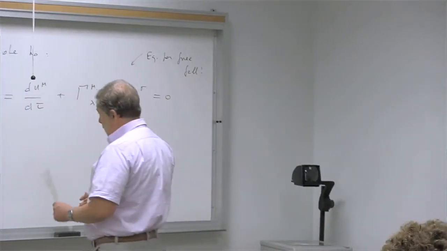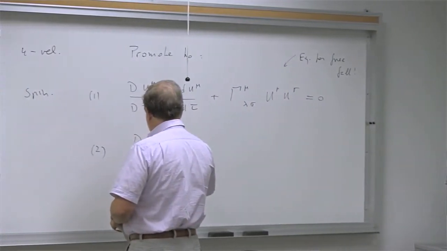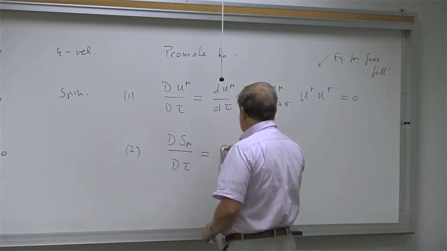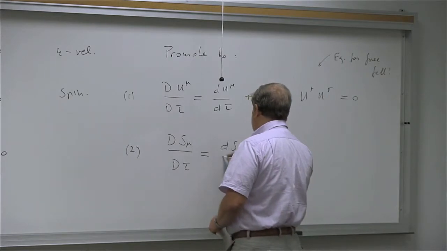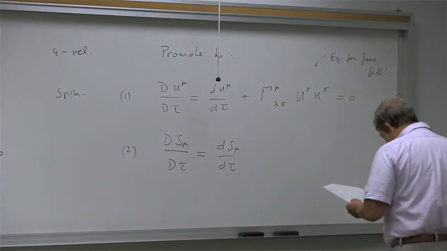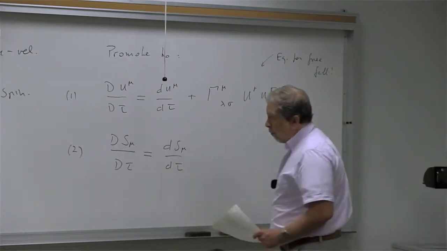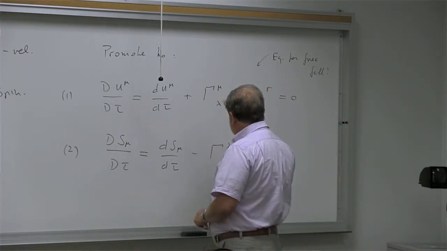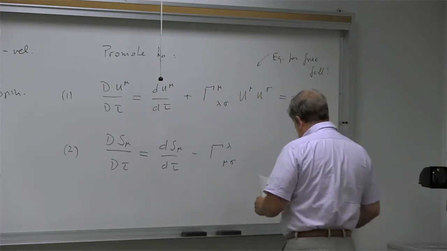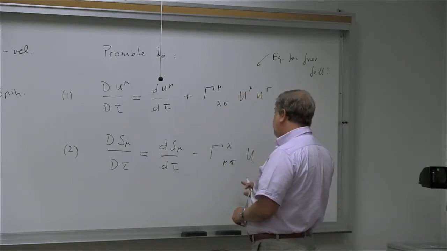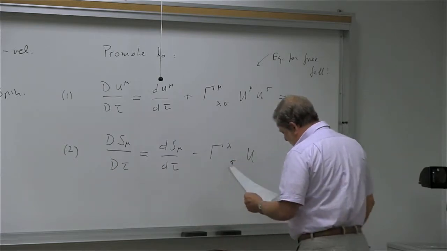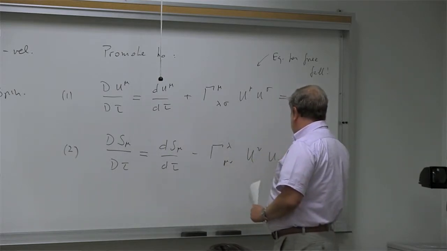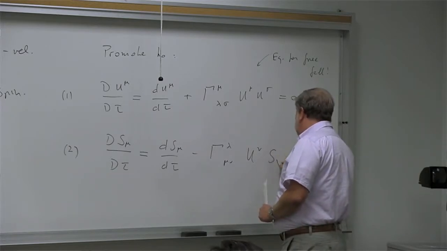But for the spin, we get something that we haven't seen before. The covariant derivative of S mu with respect to tau is equal to the ordinary derivative of S mu with respect to tau, ds mu by d tau, and then, because we're going to write it in the covariant form, minus gamma lambda mu nu, and then u nu u lambda s lambda, in this form.